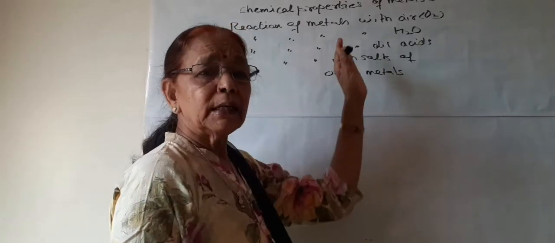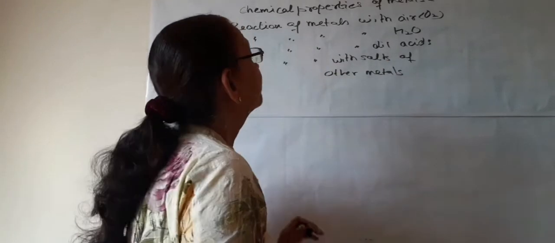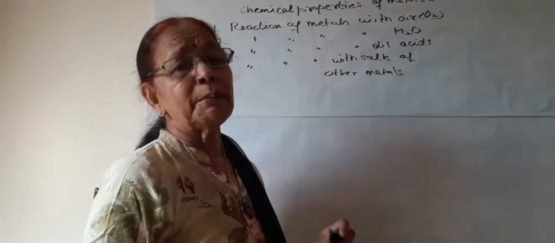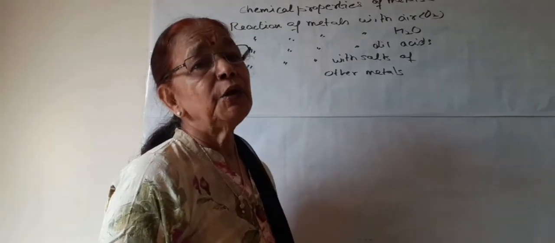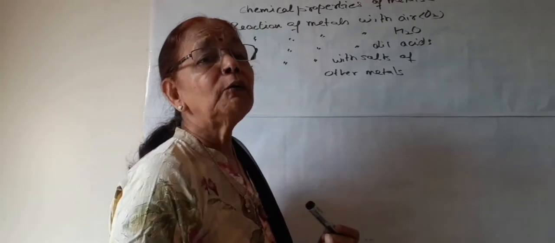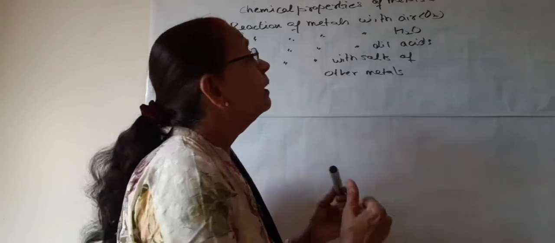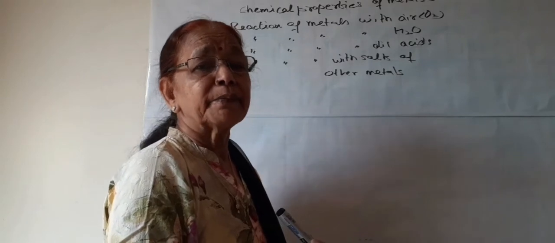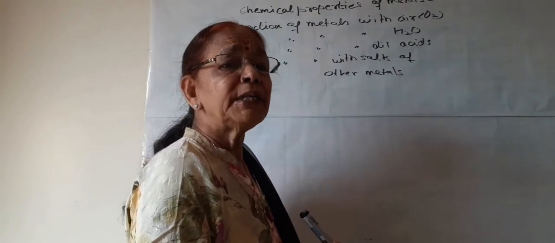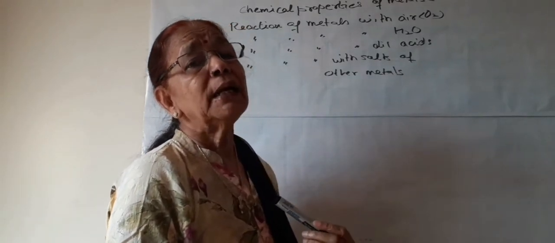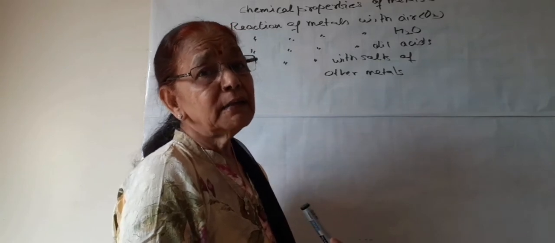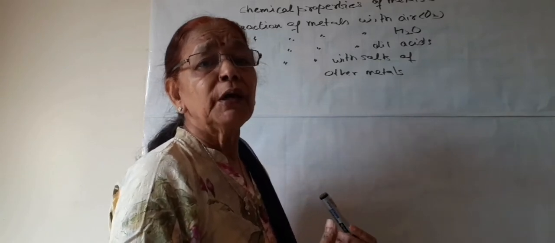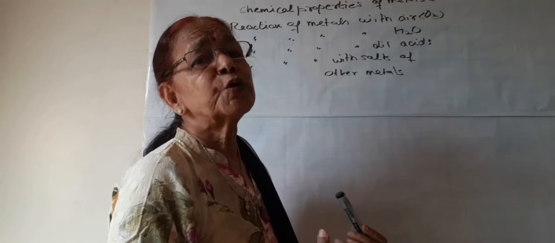All metals react in this way. So before coming to chemical properties of metals, we should know how the different metals react with these different substances. Is the reactivity the same or is it different? Do some react with more vigor and some slowly?